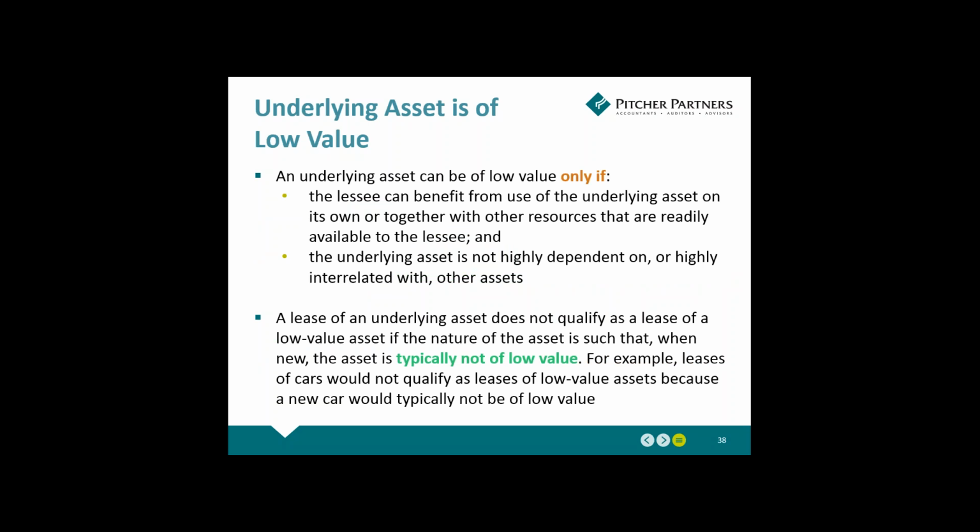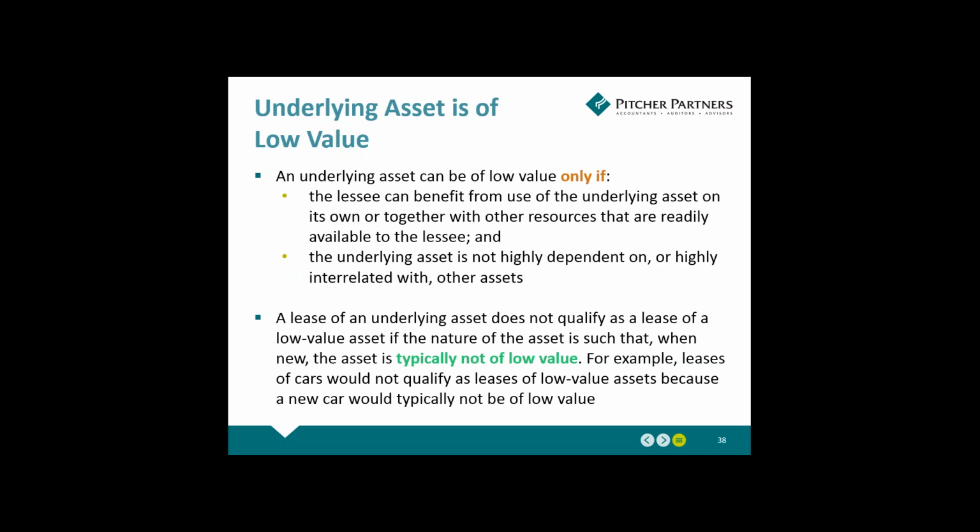So it has to be clearly a separate asset, not interrelated with other assets. So you cannot take an asset and break it into parts and say this part is low value and the rest is high value. It can only be low value if you can benefit from it on its own and it's not dependent on other assets.